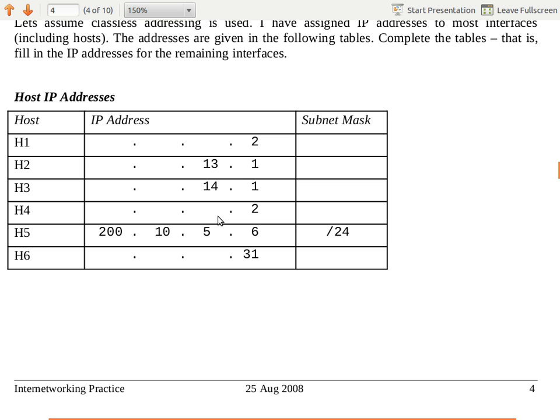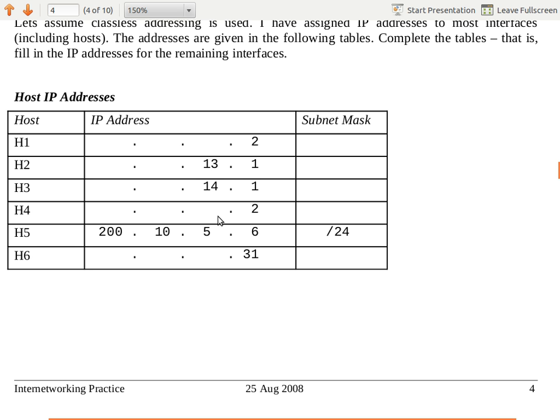The hint? Draw the subnet for H1. Here's H1. Here's that subnet. Anyone else attached to that subnet? A router? Specifically A1, or the interface A1.